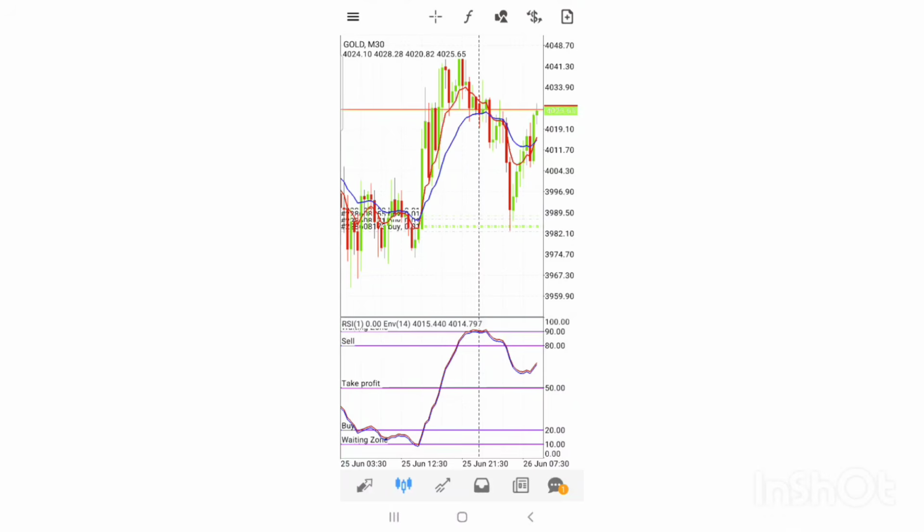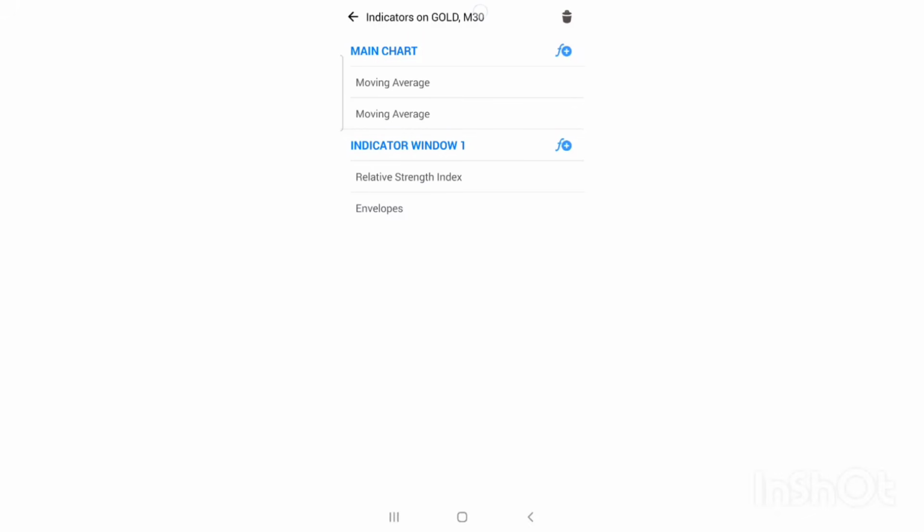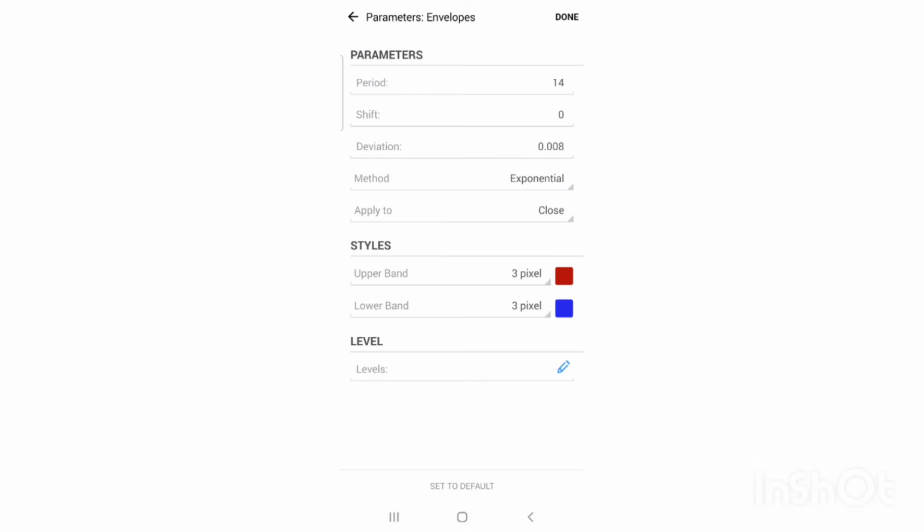The next part, which is the last part now, is to add the last indicator. Click on the F sign. After you click on the F sign, click on indicator window 1, guys. Do not click on the main chart anymore, but click on indicator window 1. Look for envelope. When you see envelope, click on it.